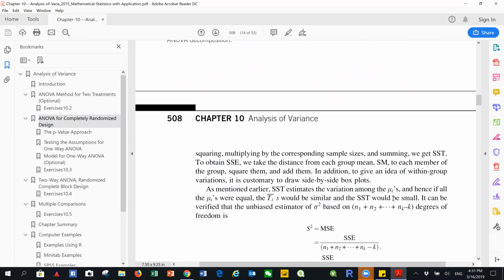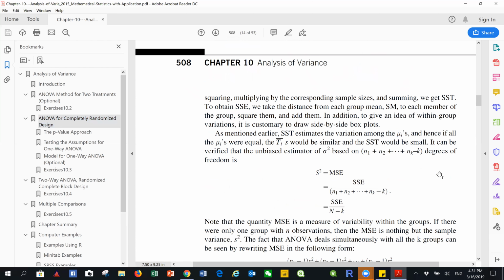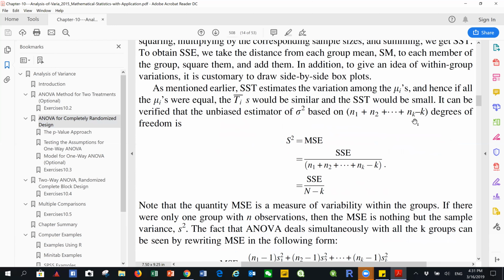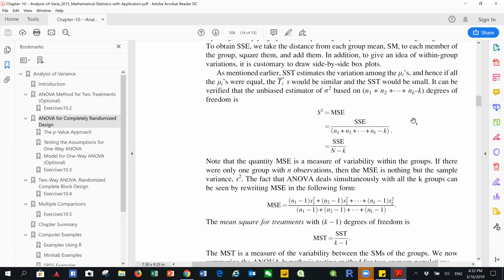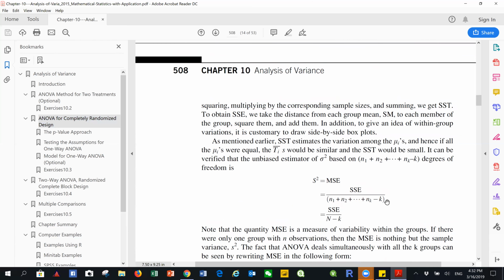Okay, and if the ratio is not too big, then we can say they are not different. The mean is not different. But if the ratio is too big, then we say, oh, the mean may be significant, right?